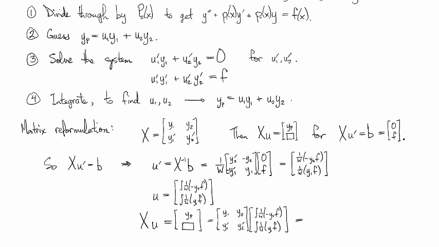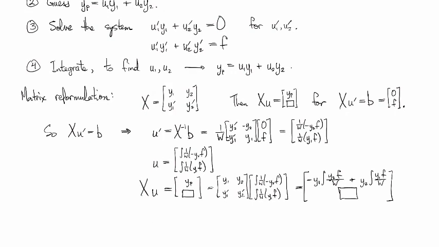And so across the top we have y1 times the integral of y2 f over W, and that comes with a minus sign. And then we have y2 times the integral of y1 f over W. And then I'm not going to bother to work out what that other one is because I don't care.